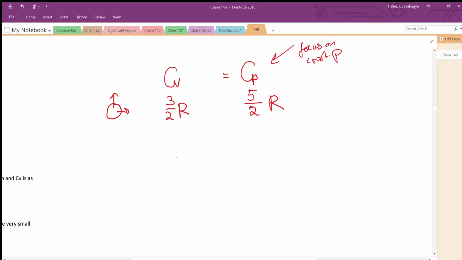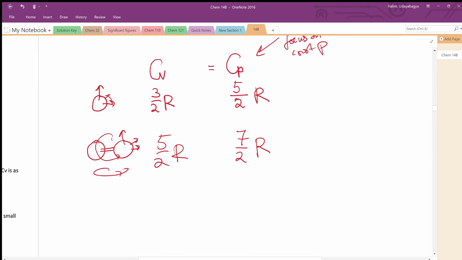But we can't go into constant pressure without understanding the molecules themselves. So if I have a diatomic gas that can move in 3 dimensions and also spin around, I know that my Cv is 5/2 R. But if I want to heat up this gas at a constant pressure instead of a constant volume, the Cp is going to be 7/2 R.